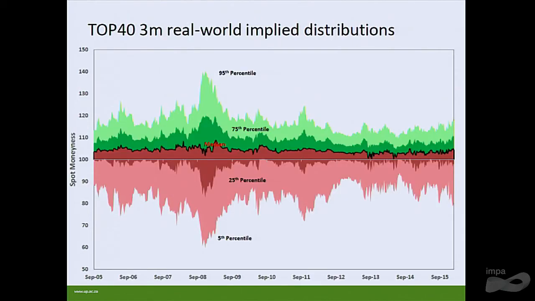And in the next slide, we've got data spanning a period of about 10 years. And beautiful, here is the real-world evolution of the Top 40 3-month real-world implied distribution. Nice. I mean, the numbers are intuitive. You can actually see here the skew structure.